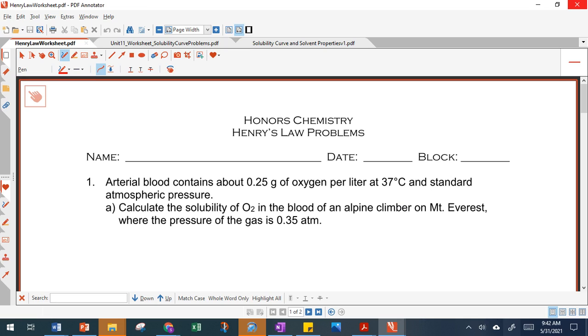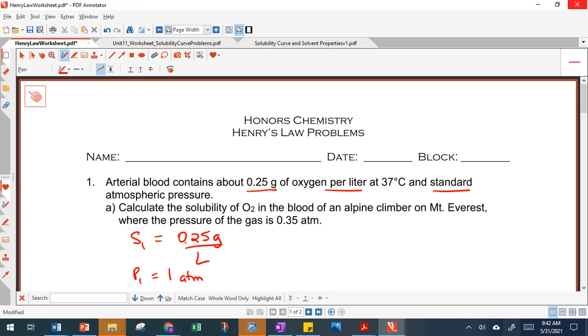Here they're telling us that blood contains about 0.25 grams of oxygen per liter. So S1 is 0.25 grams per liter. And it's telling us the pressure is standard atmospheric pressure, so P1 is 1 atm.